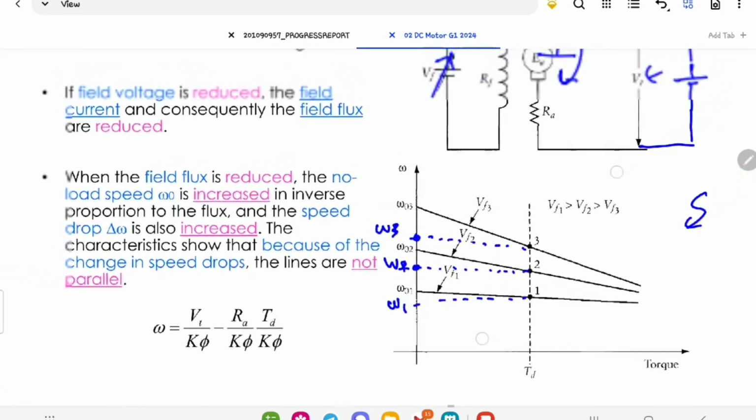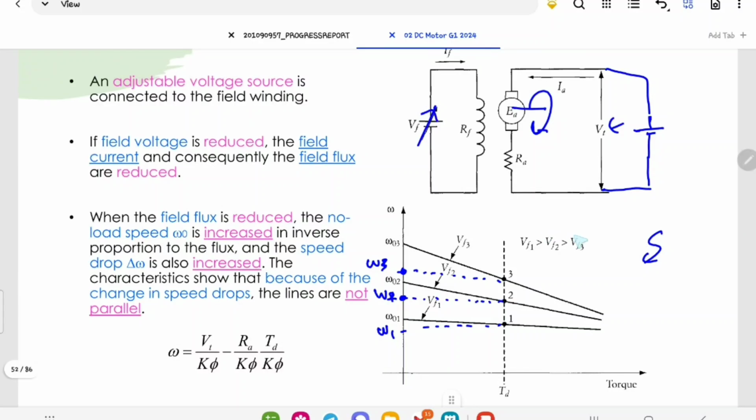If we put some values here, let's say VF1 is 120 volts, this one is 80, this one is 100 volts.